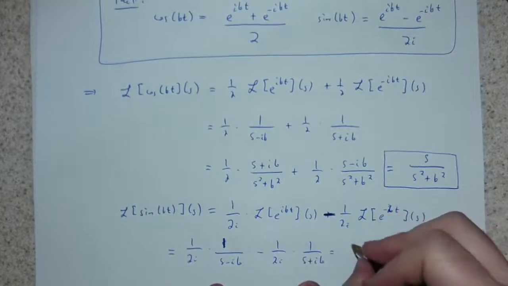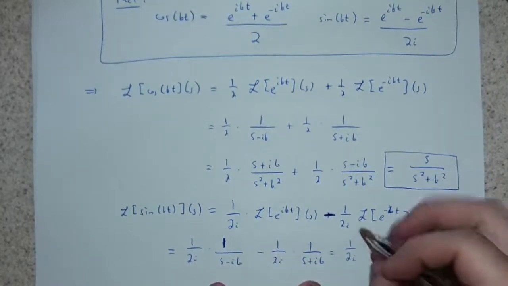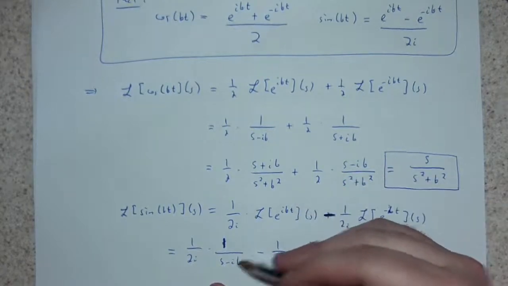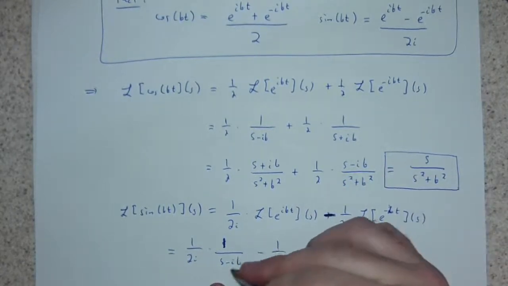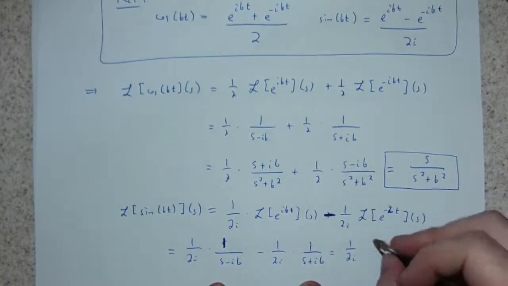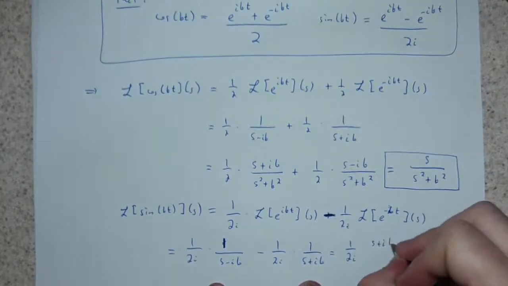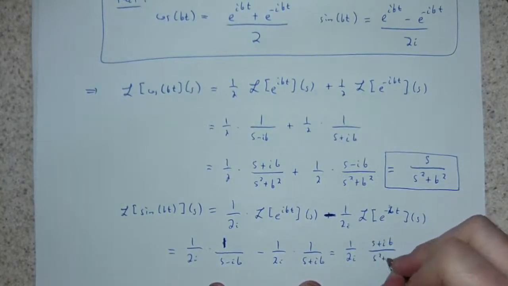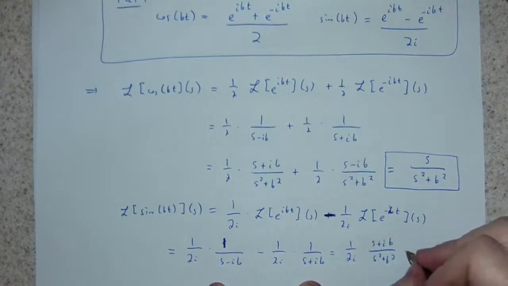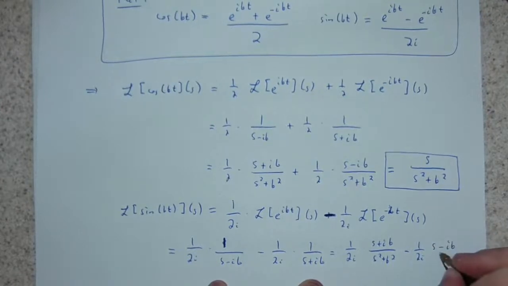So this would be 1 over 2i times this, again inverting this, this would be its conjugate over s squared plus b squared, which is the modulus squared. This is 1 over 2i times s plus ib over s squared plus b squared minus 1 over 2i times s minus ib over s squared plus b squared.